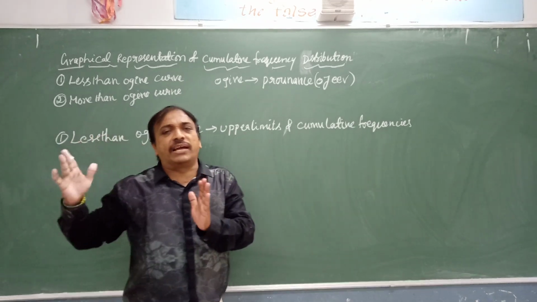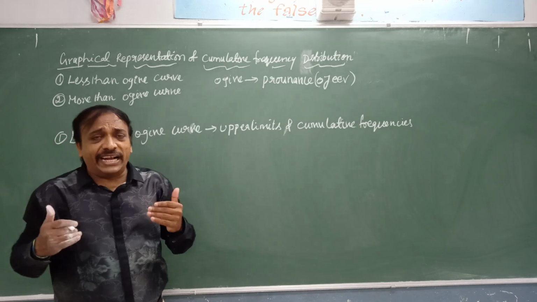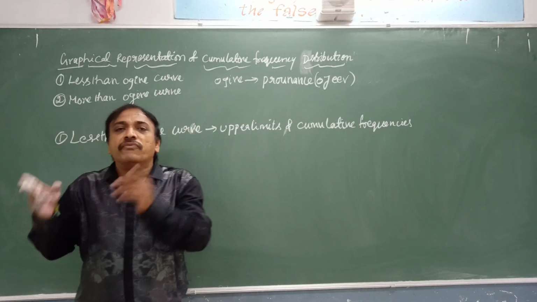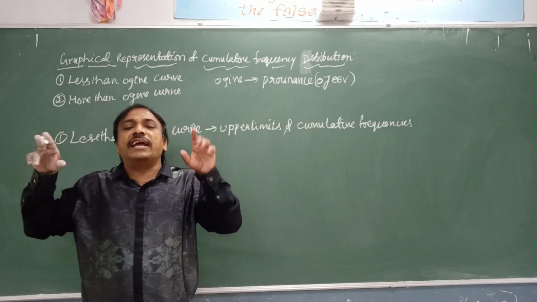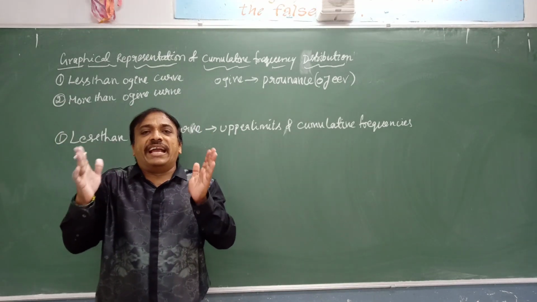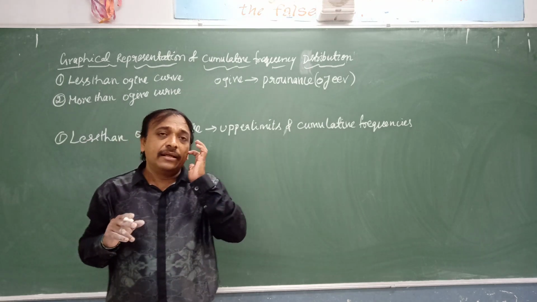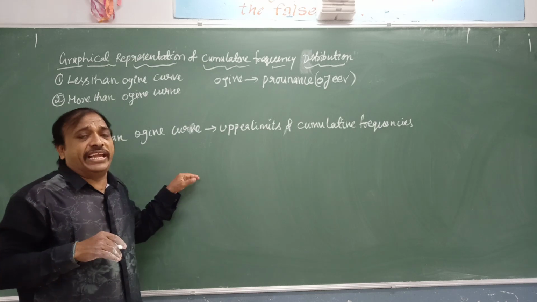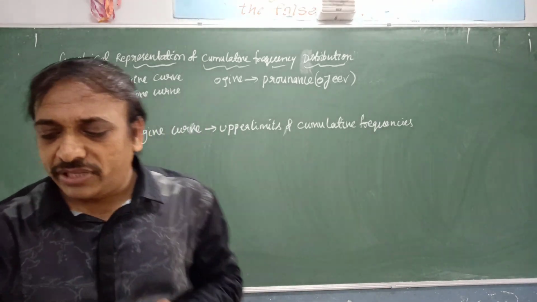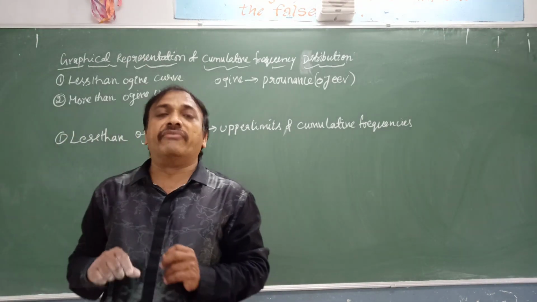The ogive curve has an S shape with vertical ends, and the shape flows from concave to convex.